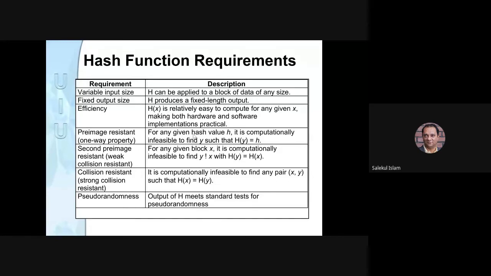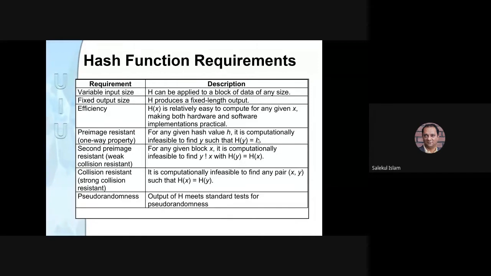only the hash value h is given, nothing else. The adversary or attacker has to find y so that hash of y is equal to h. I am giving the digest, that is, the hash value, and the attacker will find a message y such that h(y) is equal to h.